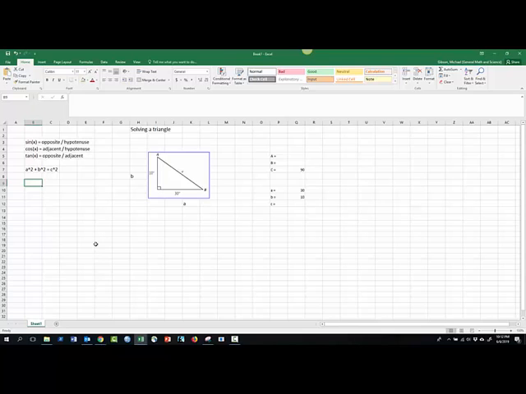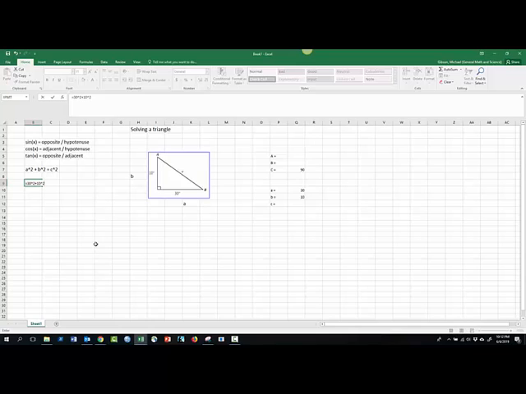You can do this on your calculator if you're doing this along with me, or I'm going to do it right here in Excel. To use Excel to calculate, just type an equal sign. Now A is 30, so 30, and then hit the caret, 30 squared plus 10, caret again, 10 squared.